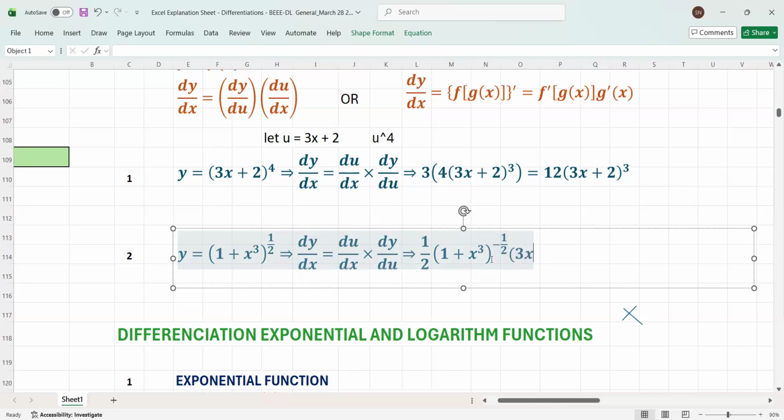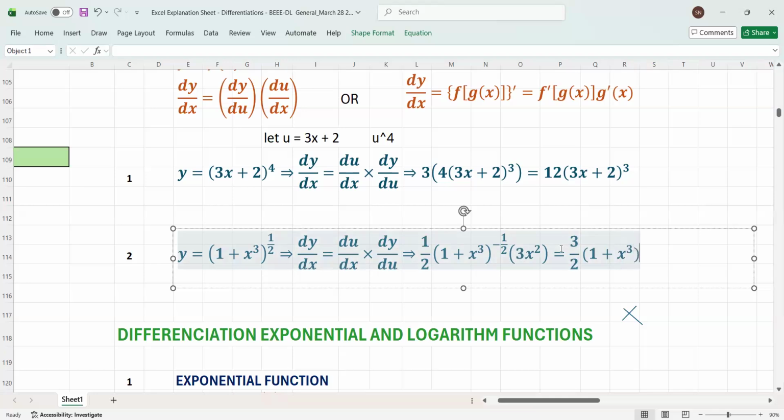The power x cubed will give me 3x raised to the power 2. Okay? And if you want to simplify further, all you can do is multiply half by the 3. I think that's the only thing you can do, and bring the x squared in front. So half times this will give me 3 divided by 2. Then into bracket 1 plus x raised to the power 3.